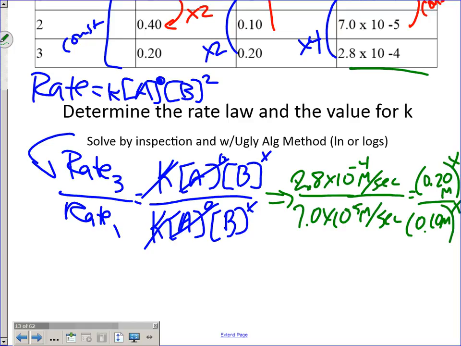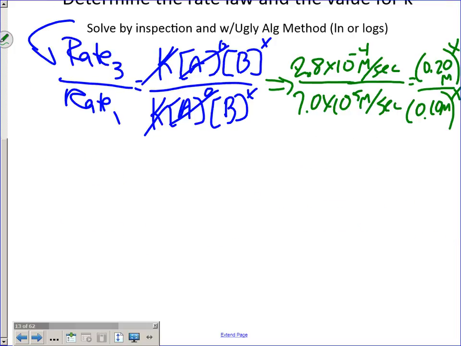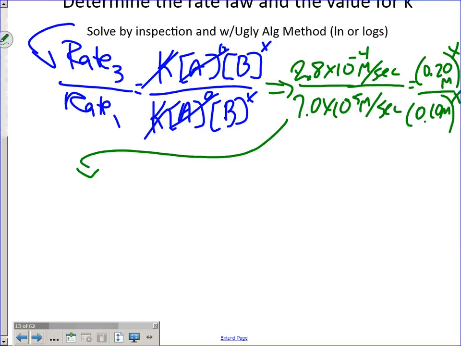Okay, that's 4. Now, this is a simple example because it's working with data that works out really well. So 4 is equal to, combine these, what's 0.2 over 0.1? Okay, that's 2. Don't the similarities cancel here and here? Right? So that's 2 to the x power, because when you combine the fractions, the x does apply to both. So you could easily then say x is equal to 2.